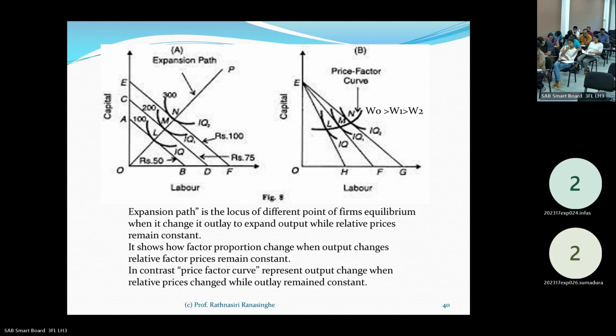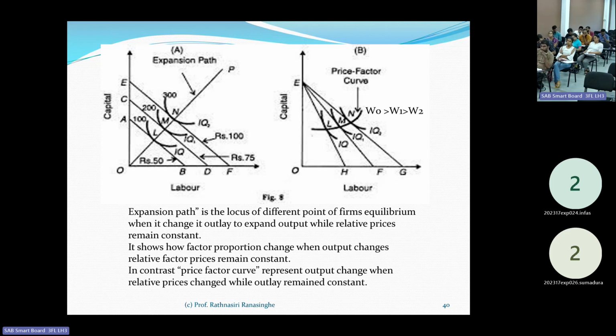Once it shifts to the right, the producer can go to a higher level of output. The optimal point gives us the tangent point between isocost and isoquant. Combining these optimal points, we get a line that is called the expansion path.